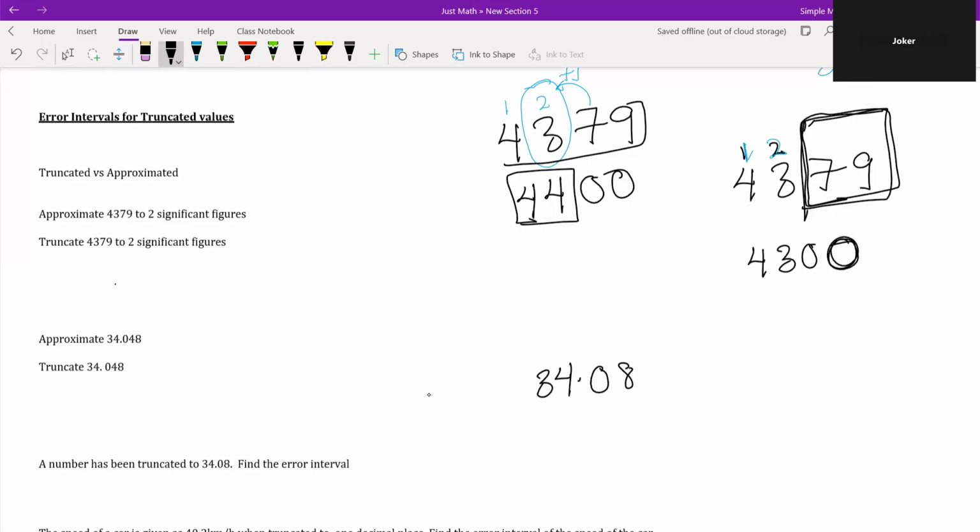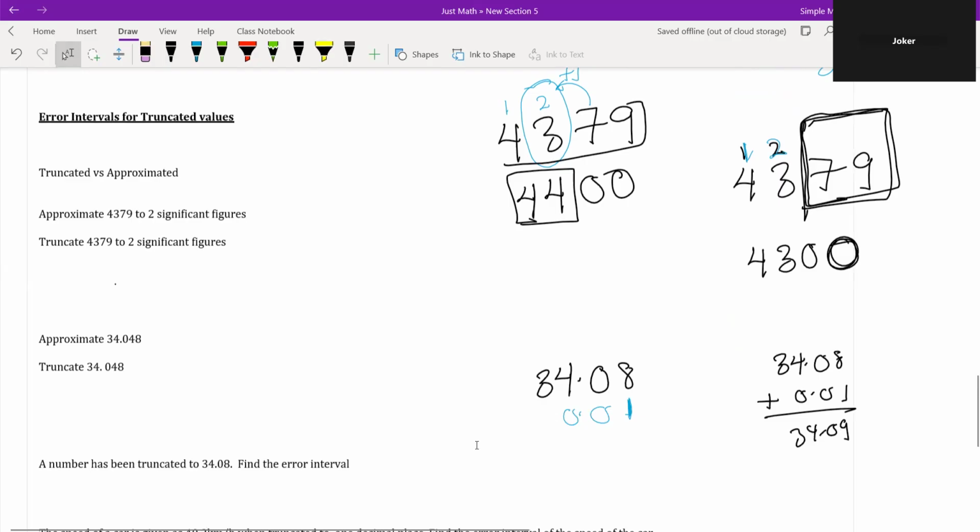For this one, what is the degree of accuracy here? The degree of accuracy here is 0.01. So we don't need to divide, we just add. So we have 34.08 plus 0.01, which is 34.09.